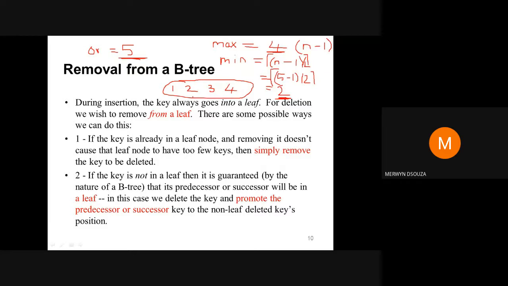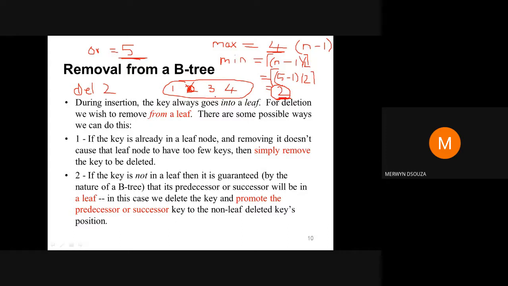Now suppose this is your node, just for example, and I say delete 2. When I delete this, that means 3 keys will be left: 1, 3 and 4. So after deletion of this 2, if I don't have fewer than the minimum number of keys, then I'm fine with the deletion.